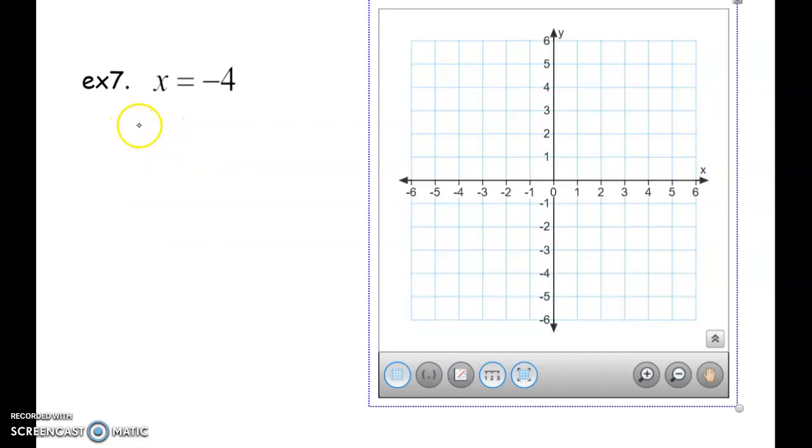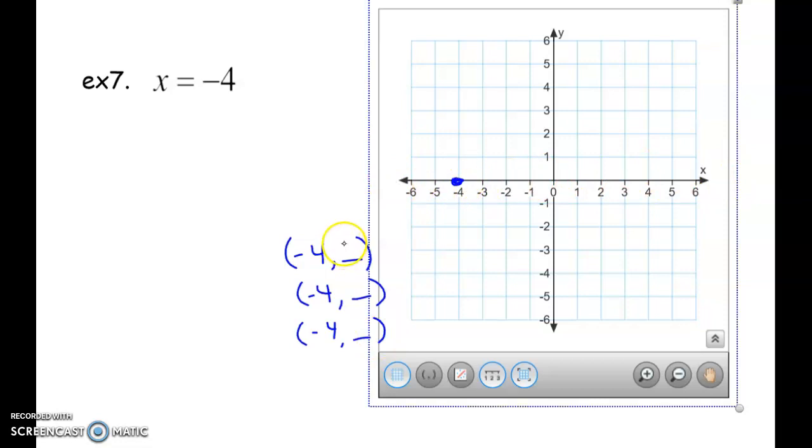So again, you can use that same thought process and think about your x always being -4. And what would the y be? We don't care. Y can be anything, but x must be -4. So if you go on the x-axis, you can plot that point at -4.